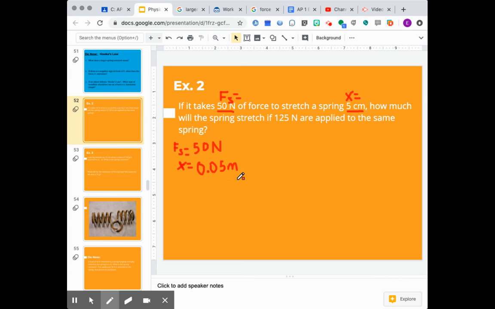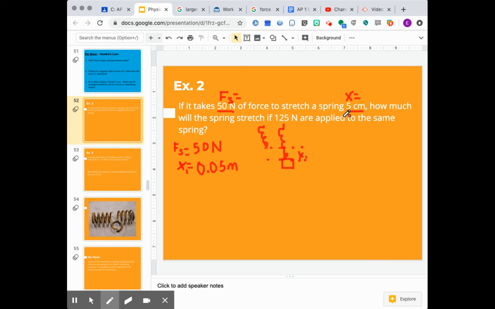Okay, so this is what we know. So you have one spring. When we add a mass or force to that spring, it will stretch x1, the initial displacement of 0.05 meters. We then add a larger force or more mass to that spring.